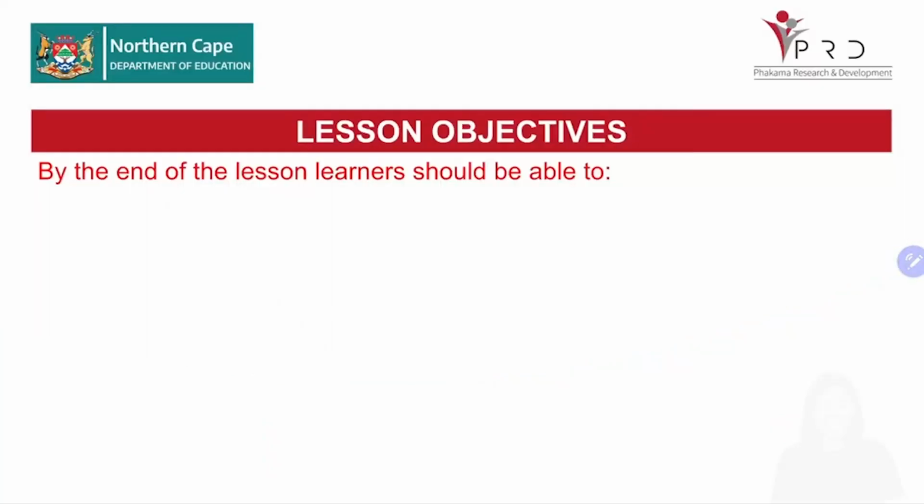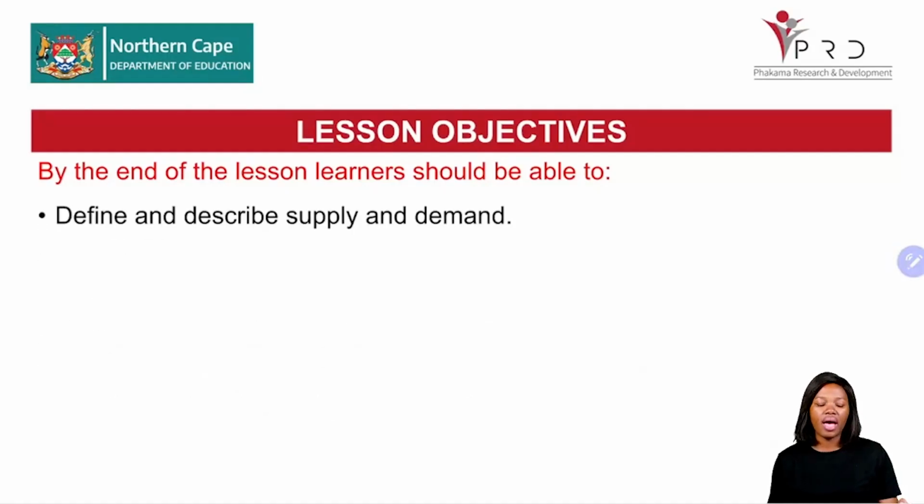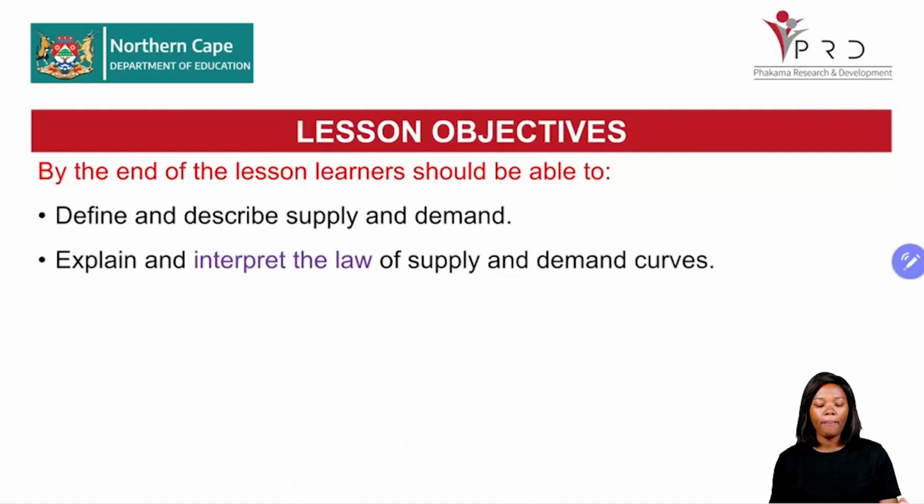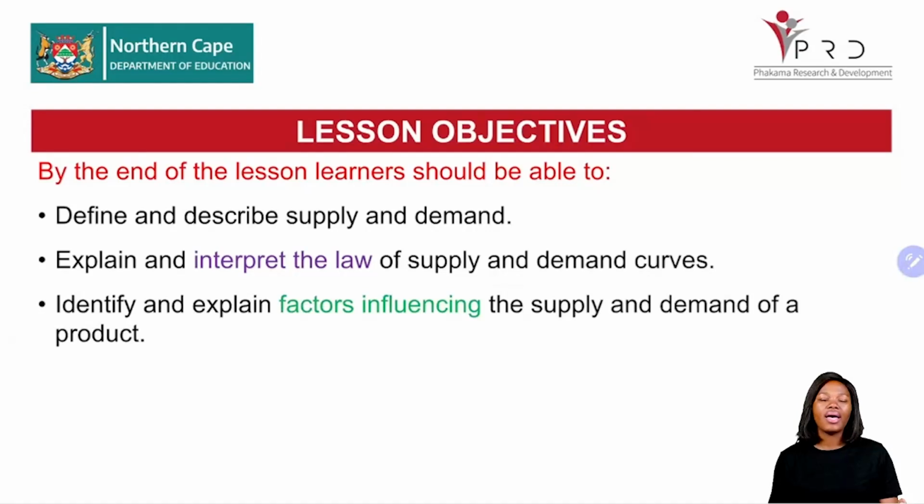By the end of this lesson, learners, you should be able to define and describe supply and demand, explain and interpret the law of supply and demand curves, identify and explain factors affecting the supply and demand of a product, because that is very important.